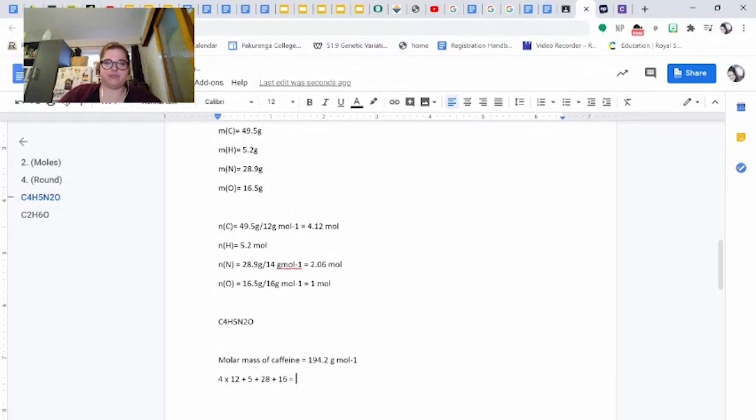Okay, so that will give us a number, doing this on my calculator this time because there are a few numbers. Plus 5 plus 28 plus 16 equals 97. So we're going to say 97 grams per mole. It's the molar mass of our empirical formula. So I'm just going to write that in brackets.